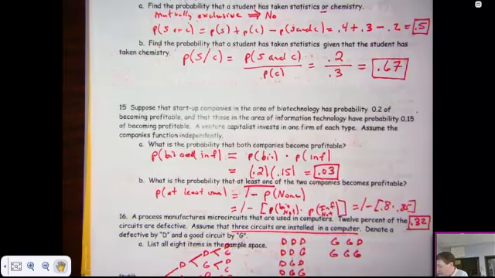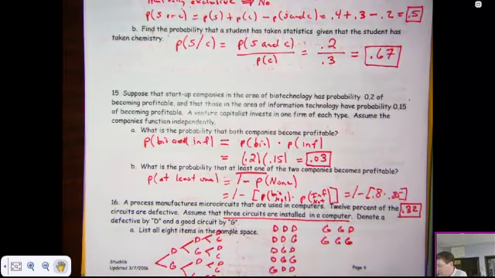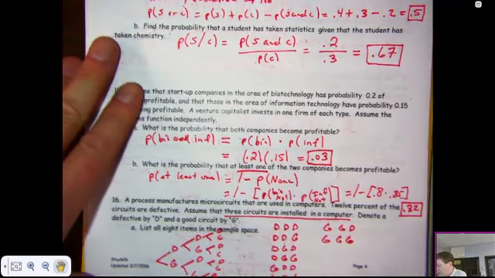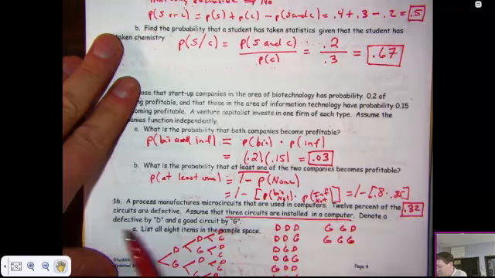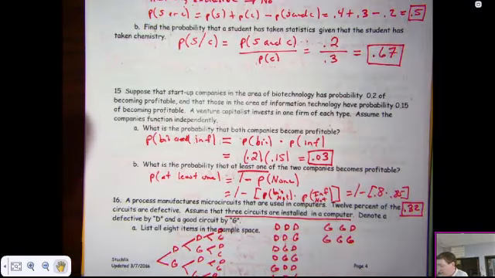Now, what do we know about the good and the bad about these? In other words, what percent? 12% of the circuits are defective. So what? Well, you've got to be careful on this one. What did you say? The 1 out of 8. What does the 1 out of 8 mean?